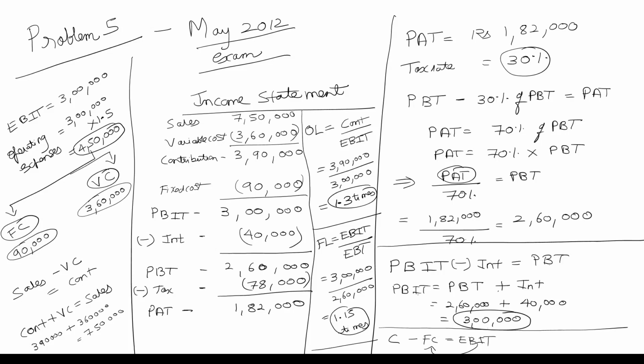The next requirement is to find out the cover for the preference and equity dividends. So let's see what is meant by this. What do I mean by the cover for preference and equity dividends? So let me continue the income statement from PAT.